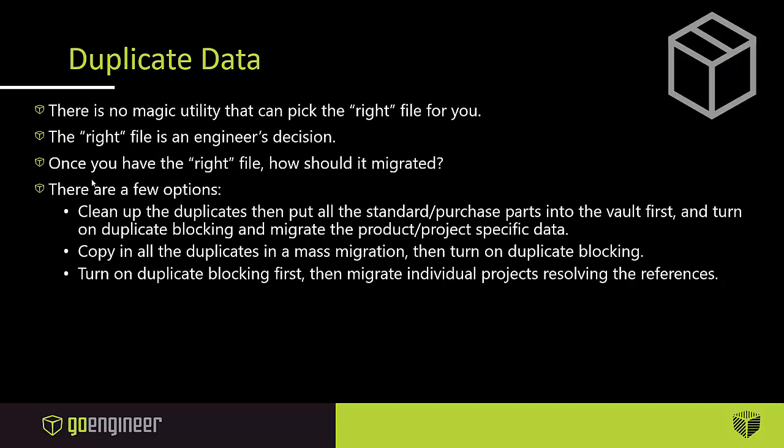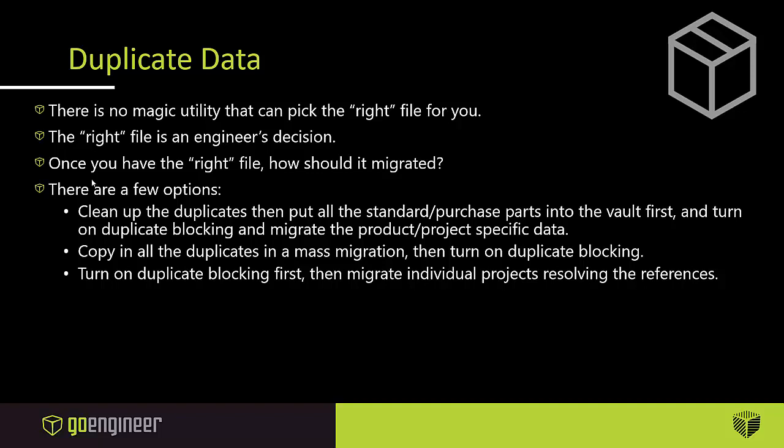Number one bullet on this screen, there is no magic utility that can pick the right duplicate file for you. Sorry, if I had it, I'd give it to you. It doesn't exist. At the end of the day, I truly believe the right file is an engineer's decision, right? At best, programming and things can look at the latest modified, the newest saved file, things like that, but it doesn't mean it's the right data, right?